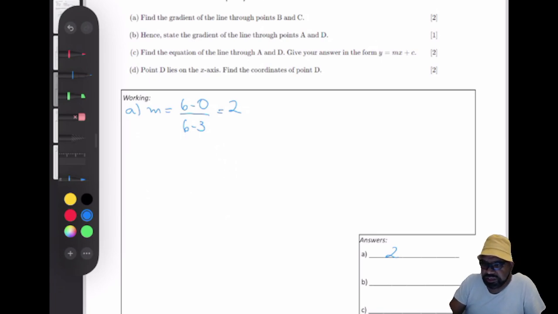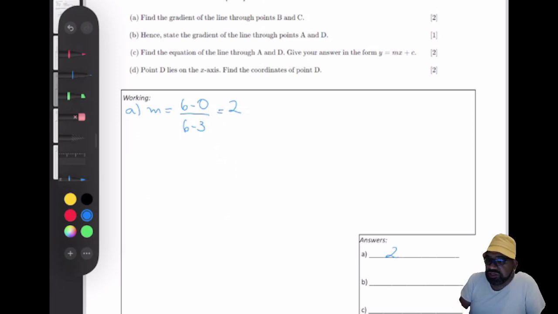Number 2 is, hence, state the gradient of the line through points A, D. Well, we have one important piece of information given to us. What is the information? We know AD is perpendicular to the road connecting.